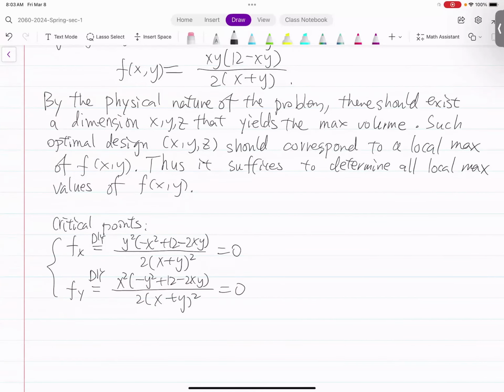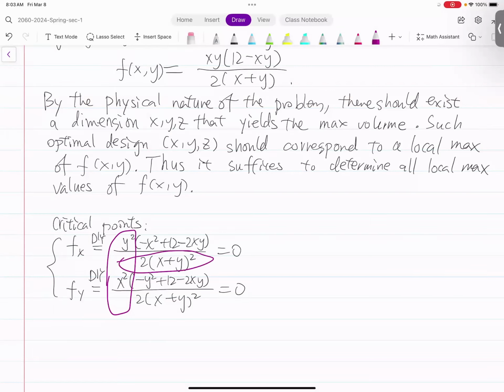So although the fractional expression in the partial derivative looks kind of complicated, one thing we know is that we want the x, y, z values to be positive so that the dimensions are reasonable, okay? So that means these parts are not important, okay? So x and y, we don't need the 0 solutions. Okay, so x squared and y squared are all positive in the solution that you want.